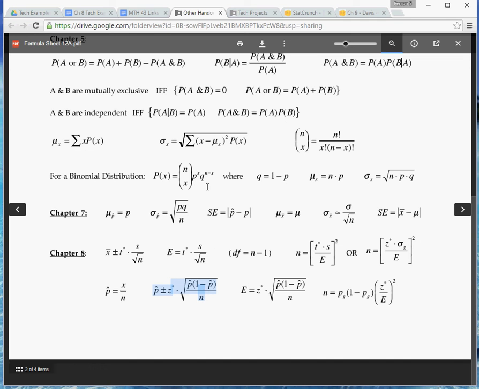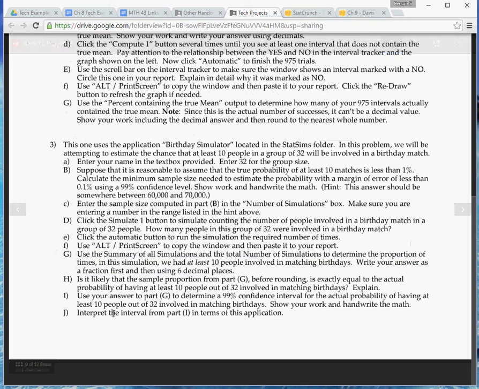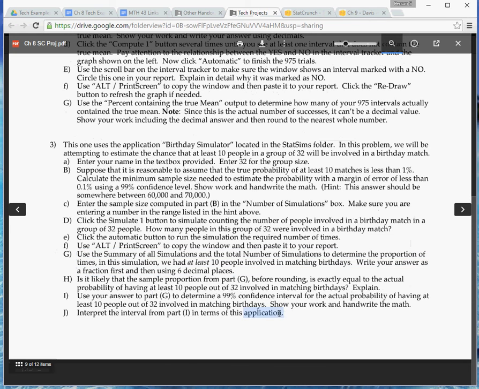Then remember to write your answer in interval notation with the appropriate symbol. And then interpret that, a standard interpretation of a confidence interval. Okay, hopefully that will help you through some of what are normally the sticky spots for people on this project. Good luck.